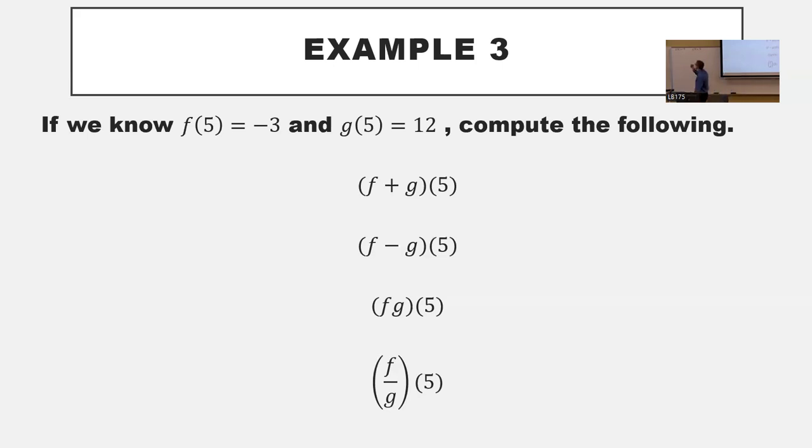If I wanted to do F plus G of 5, all I have to do is add -3 to 12, which gives me a 9. If I do F minus G of 5, all I have to do is take -3 and then subtract 12.